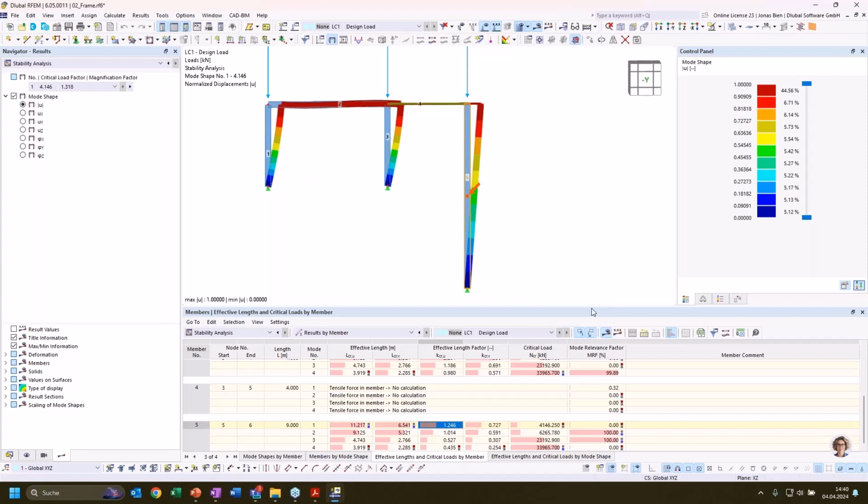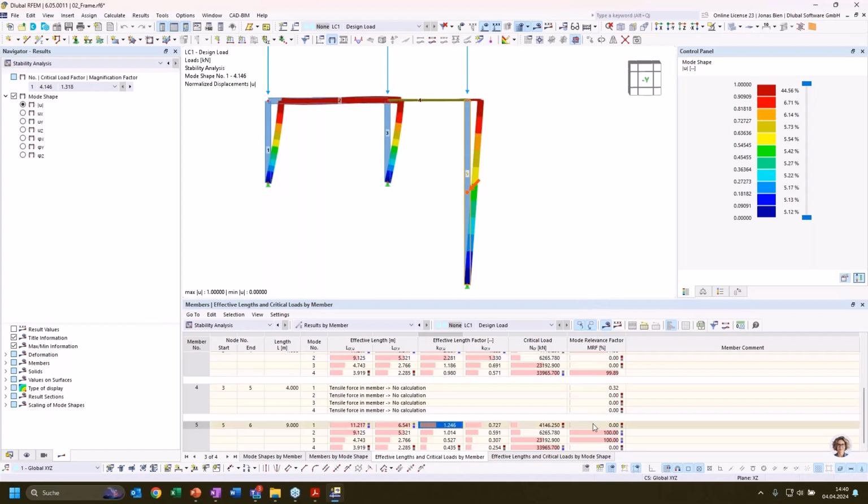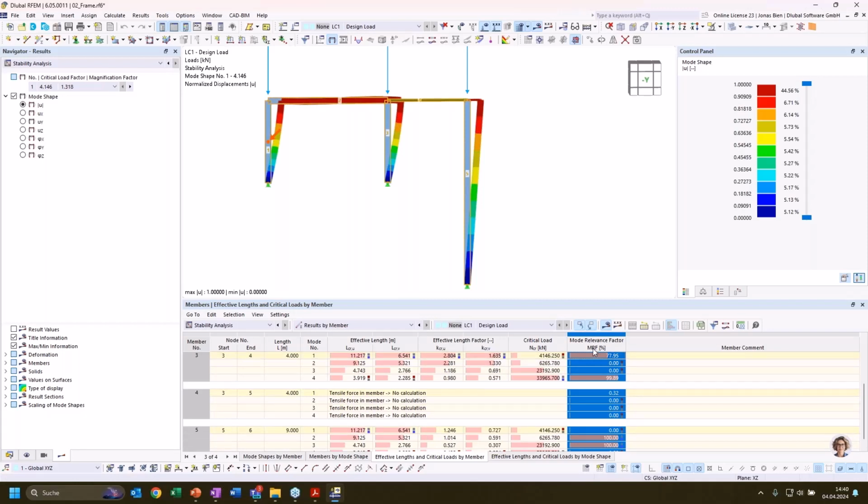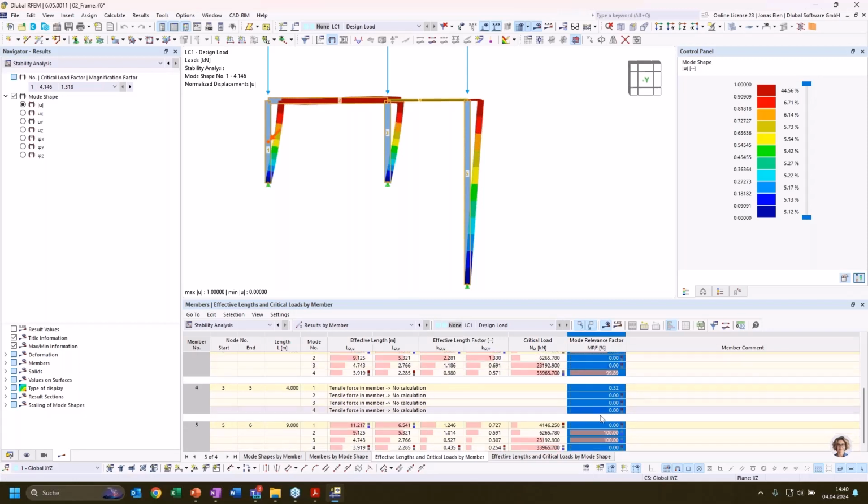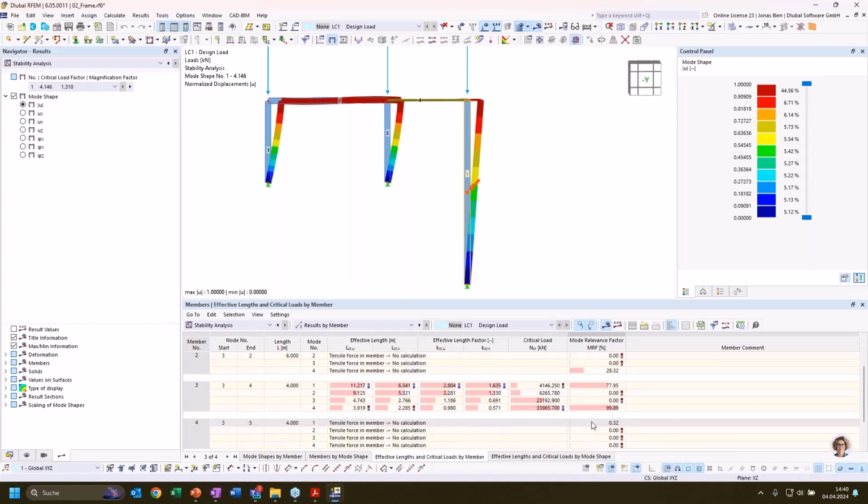And we have a new tool to more objectively classify it as rigid body motion, because when we look at the last column, we have this MRF value, the mode relevance factor, and this is a measure that takes into account the internal deformation energy of each member in each mode shape.